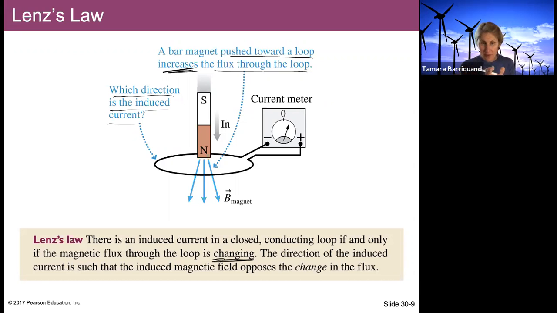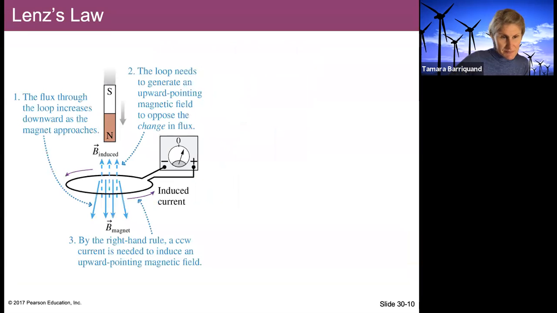But if we move the magnet, then the light bulb will light up, and we do see a change on the voltmeter. Now, the direction of the induced current is such that the induced magnetic field opposes the change in the flux. So it's going to try to oppose the change in the flux. It's going to try to keep it the same. So let's see if we can figure out how we might apply this.